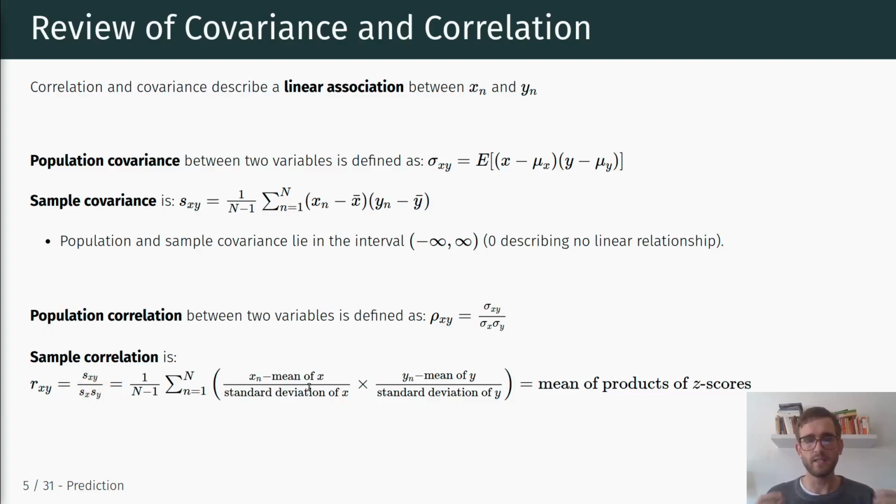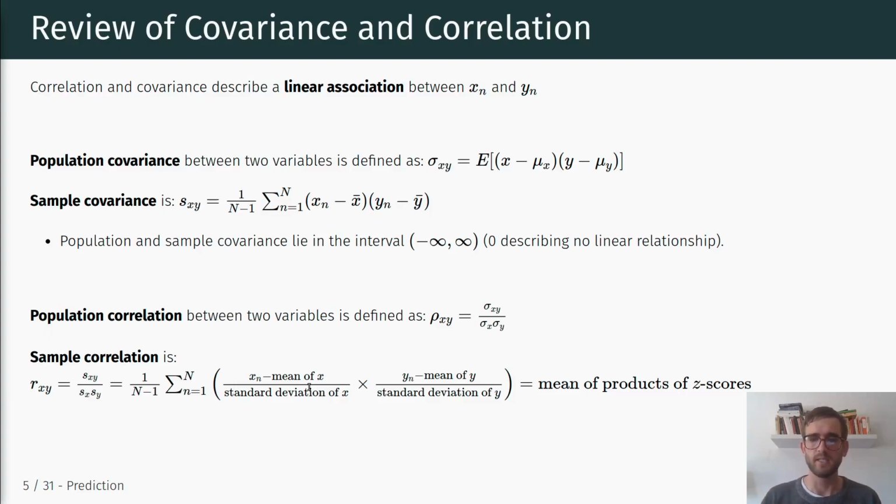So in the book, this is described as the correlation being equal to the mean of the products of the z-scores of both variables, and that's a very useful way to think about correlation, as we talked about, what does it mean to have a positive or negative linear relationship.